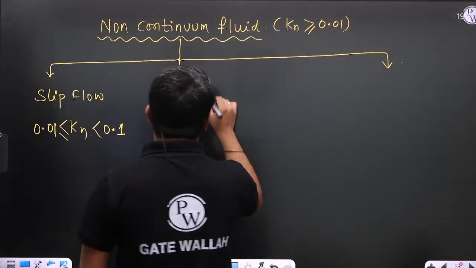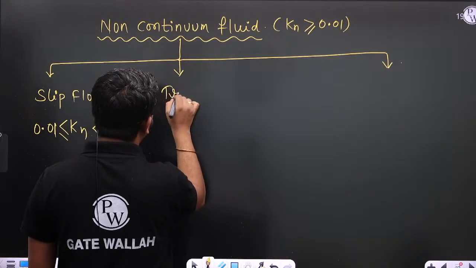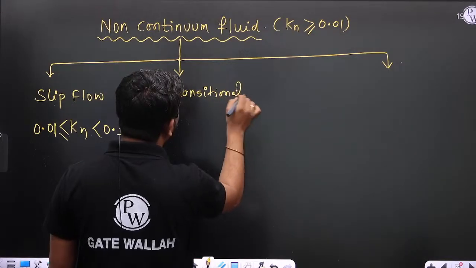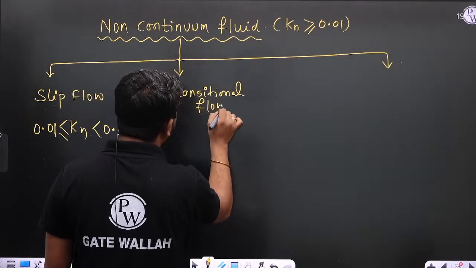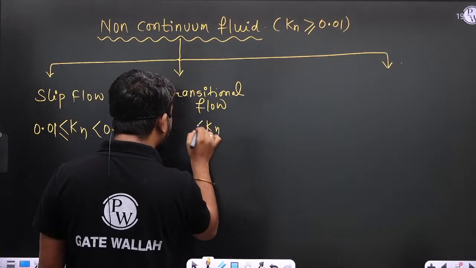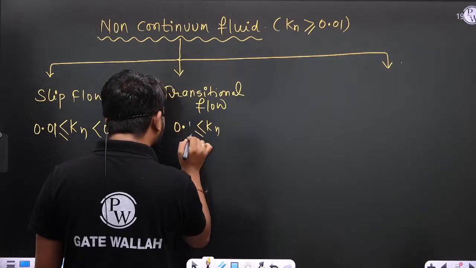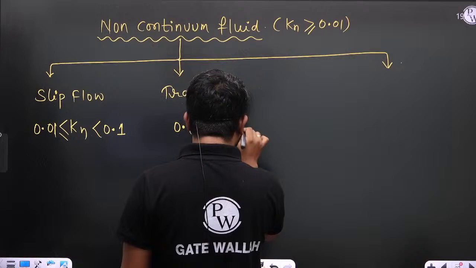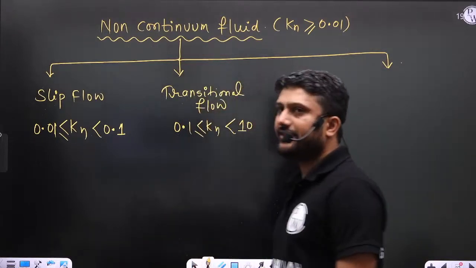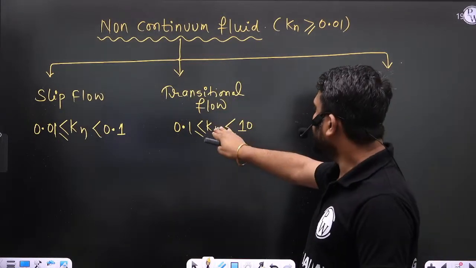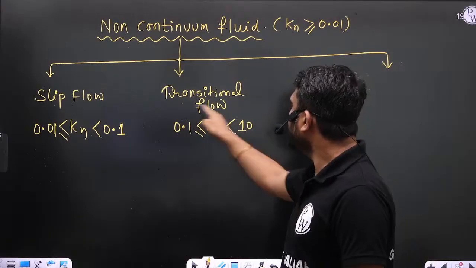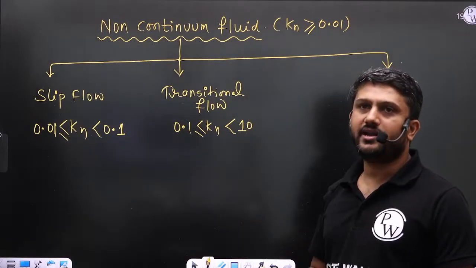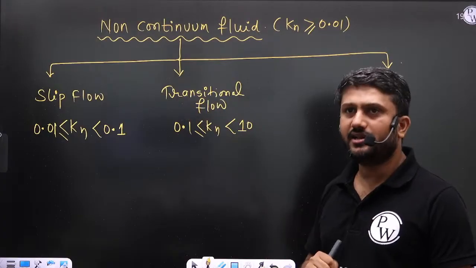The second one is the transitional flow. For the transitional flow, if the Knudsen number value is in between 0.1 and 10, then such type of non-continuum fluid flow is known as the transitional flow.